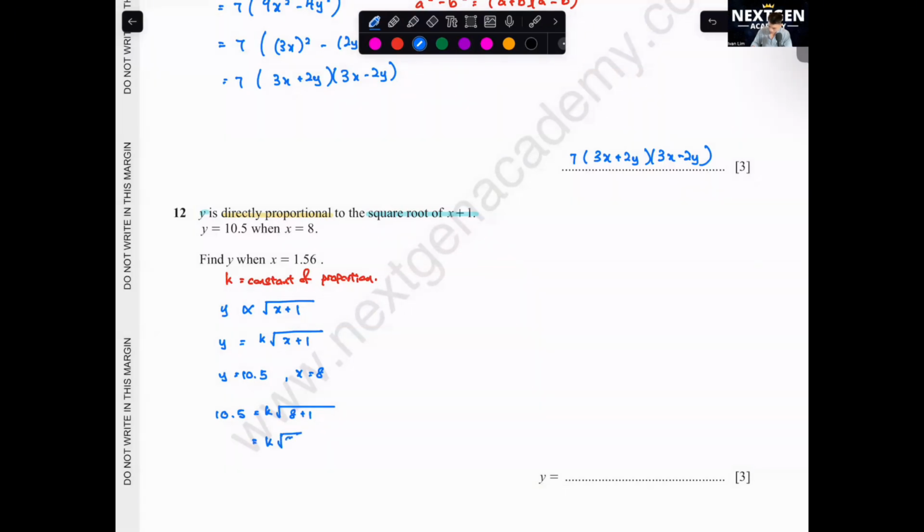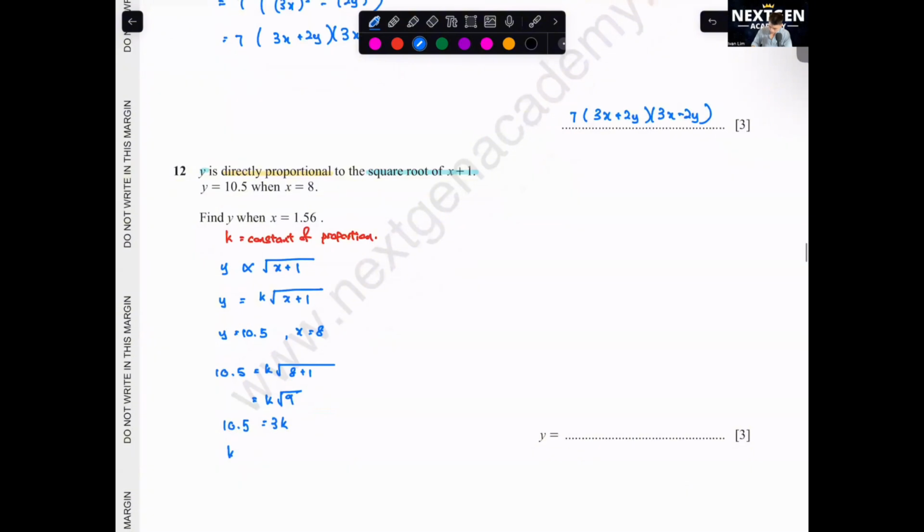K square root 9, 3k. K equals to 10.5 divided by 3. We will get 3.5. It's a nice number here. Okay, so the equation right now is y equals to 3.5 square root x plus 1.